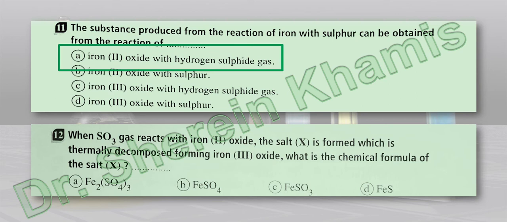The product after thermal decomposition will give iron 3 oxide. This means that we have iron sulfate, FeSO4. By oxidation the oxidation state will be 3, forming iron 3 oxide after thermal decomposition.